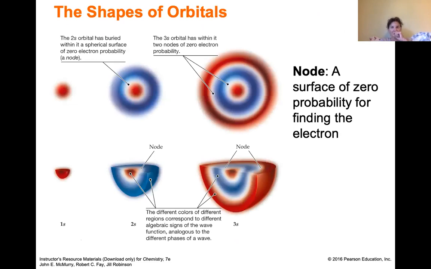The shapes of the orbitals: an s orbital is spherically symmetric. You can have nodes, so you can have the white areas as you go out, kind of like a jawbreaker. There'll be a white area, and that's where there's 0 probability of finding an electron. So remember, the orbital is telling us where you might find the electron with the greatest probability.